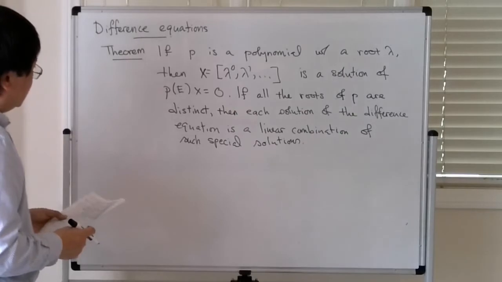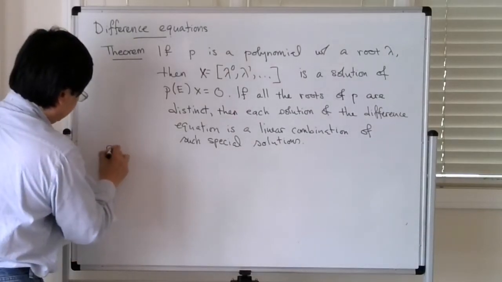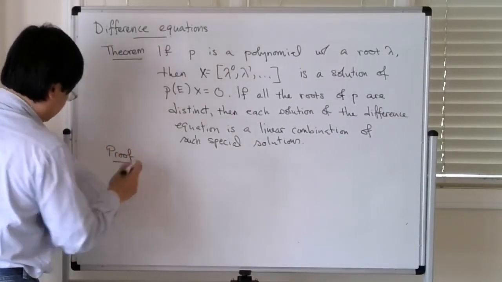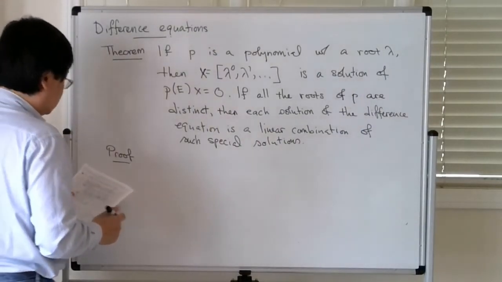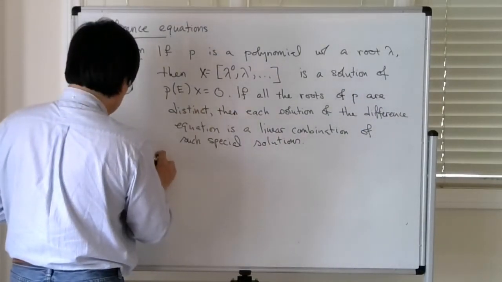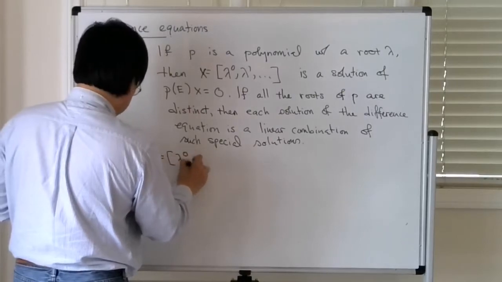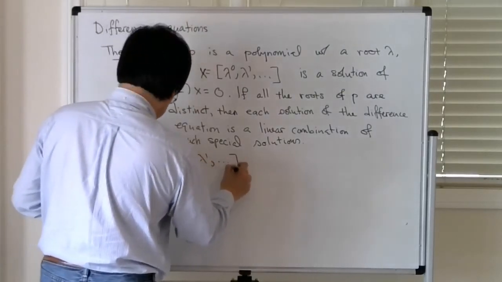So this is relatively easy to prove. Again, let x be lambda 0, lambda 1, and so on.